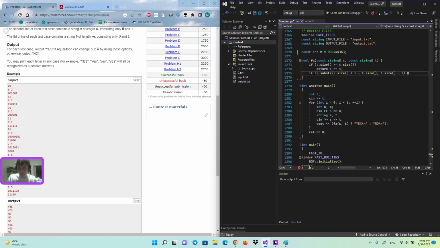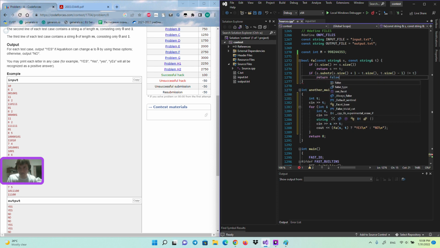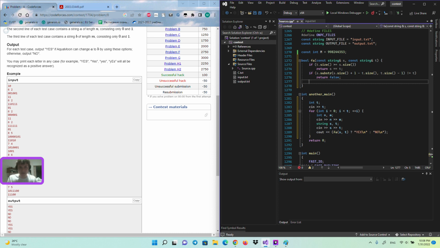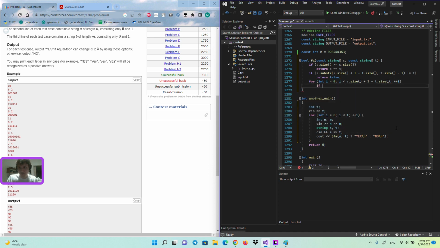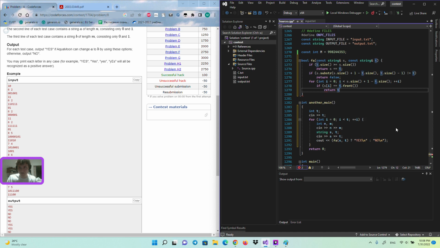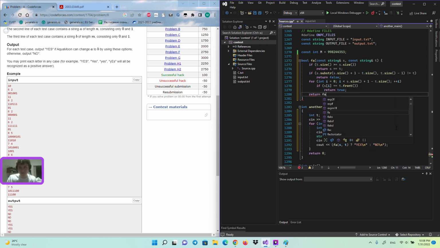And if it's not equal to T, then we return false. And the last thing is that we go from 0 to this place, and if S[i] equals T front, we return true, else we return false. That's all.